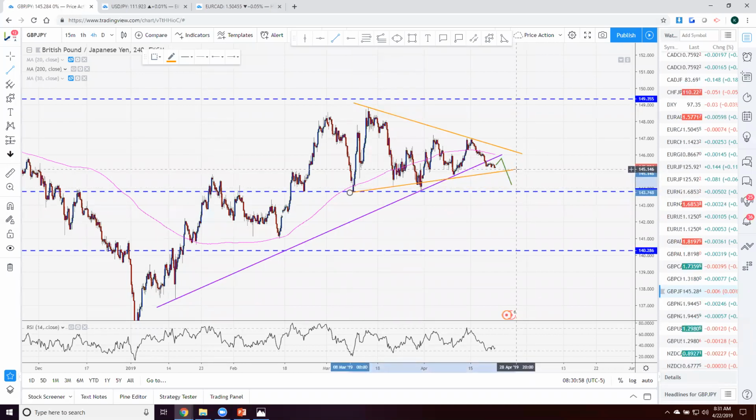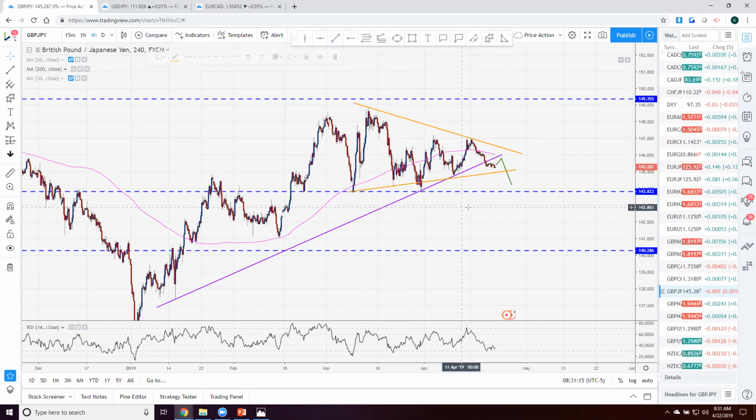Again, trend lines are just subjective. You can draw trend lines from multiple different places, so they're just a view of the market, not necessarily defined do or die levels all the time. It's essentially just a case where we're still in a consolidation.